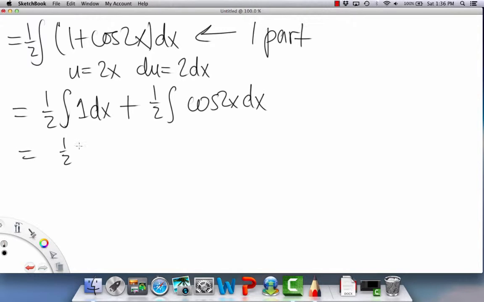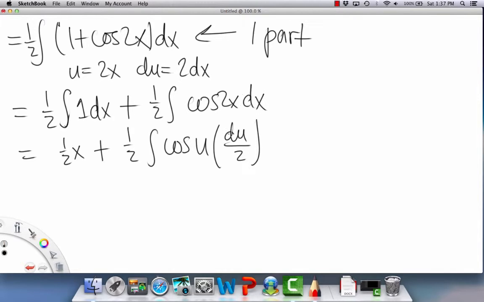So this turns out to be 1/2 x for this. And then when we apply u sub here, this is cosine u, and then the dx becomes a du over 2. Okay, so du over 2. All right, so now we have 1/2 x out in front, and then this 1/2 here can come out in front as well.